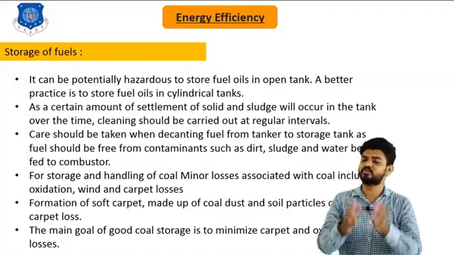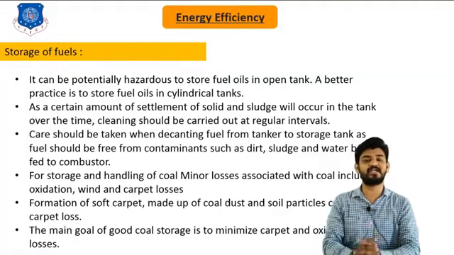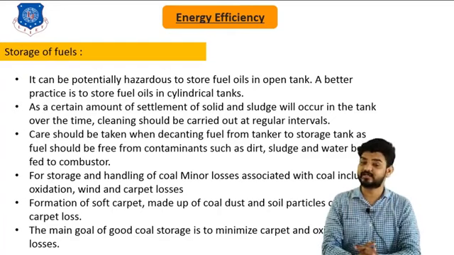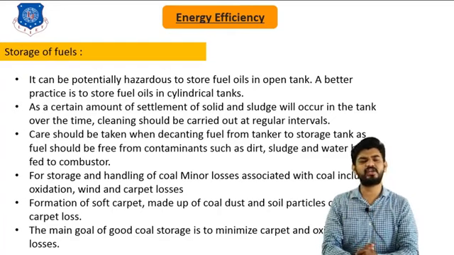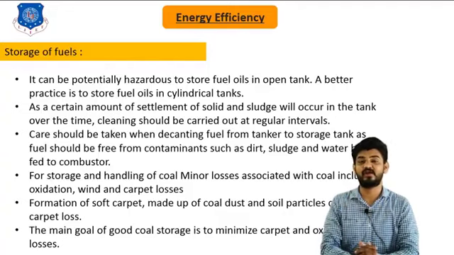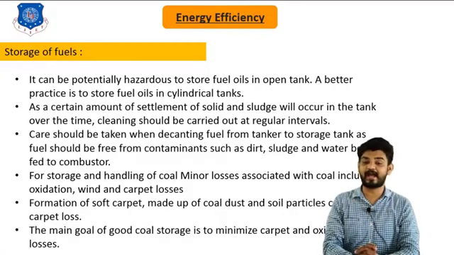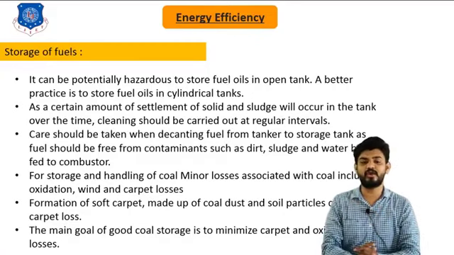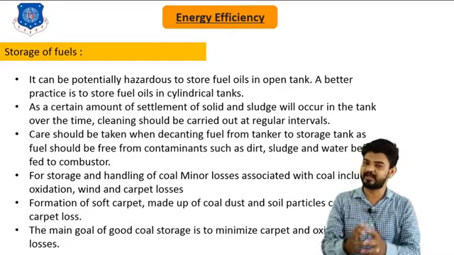For storage and handling of coal, minor losses associated with coal include oxidation, wind and carpet losses. So we need to take care of such losses while we are handling or storing coal. The formation of a soft carpet made up of coal dust and soil particles is known as carpet loss.